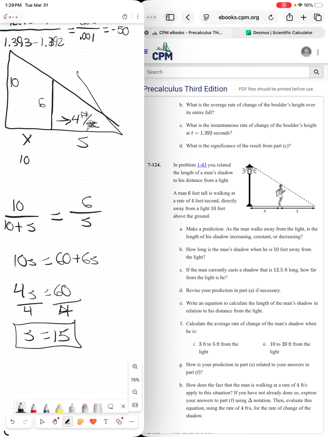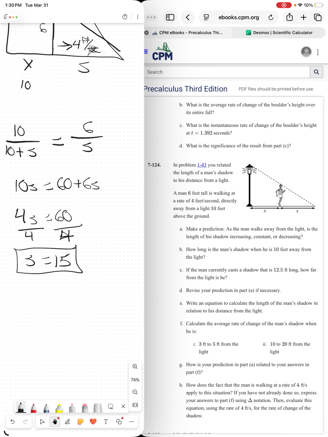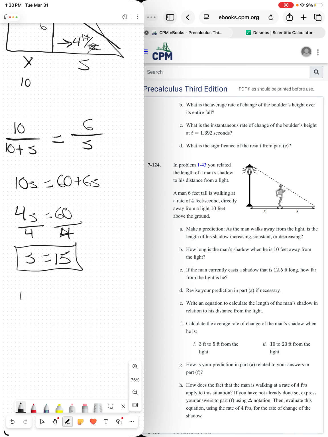If he currently casts a shadow 12.5 feet, how far is he from the light? So now we're doing the same thing. We have 10 over X plus 12.5 equals 6 over 12.5. So we have 125 equals 6X plus 75, which is 81.